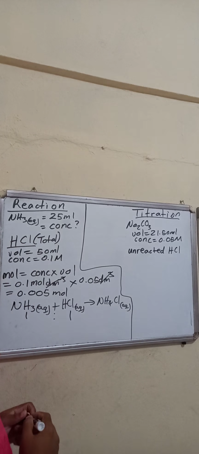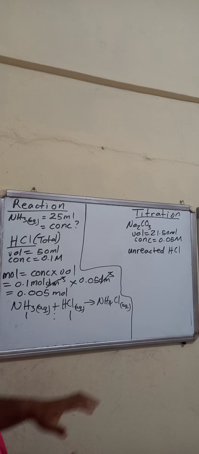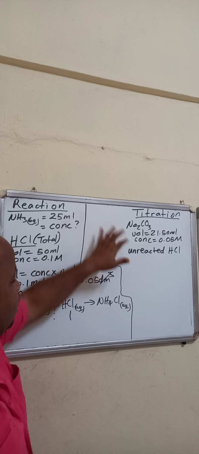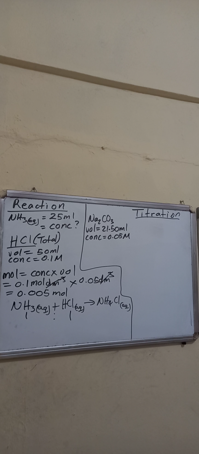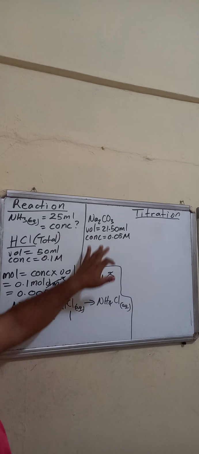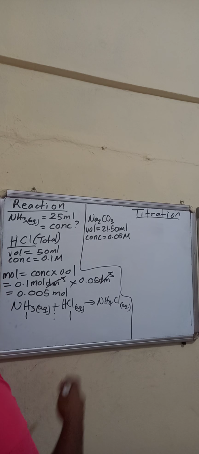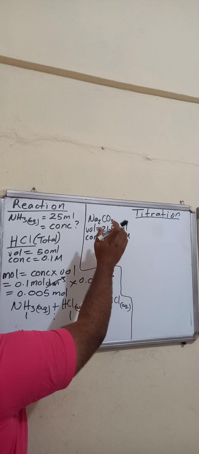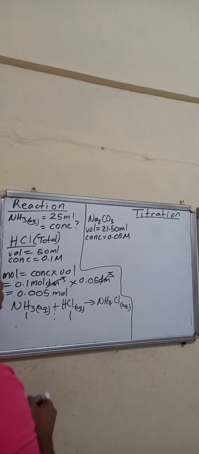Alright. So in the titration now, we know we use, alright, let me just bring it over, get some more space. Alright, so now we get to the titration. We are going to work out the moles of sodium carbonate.